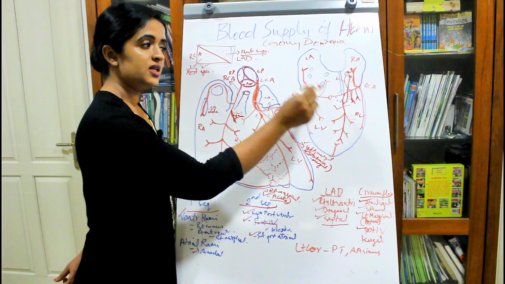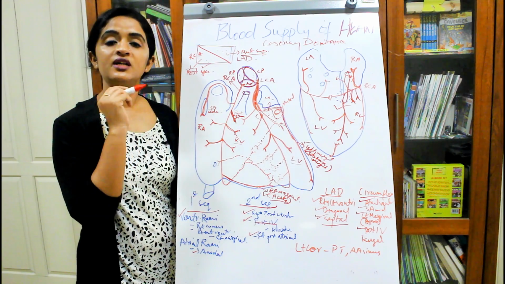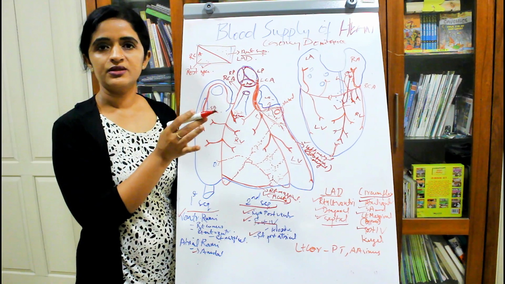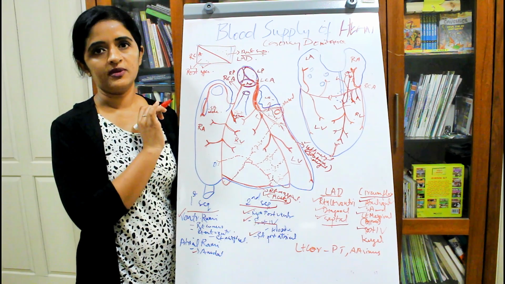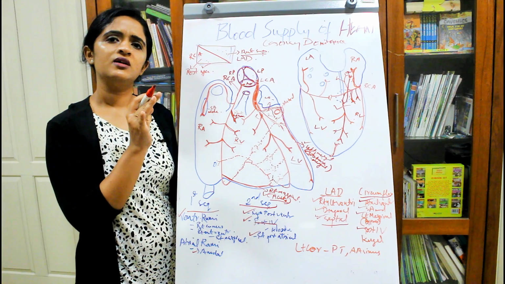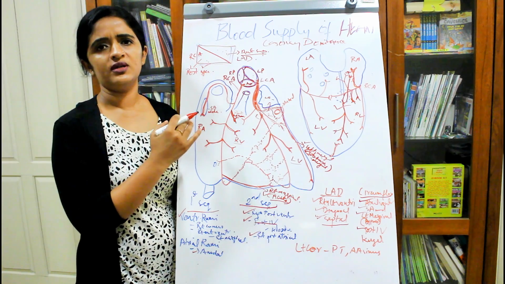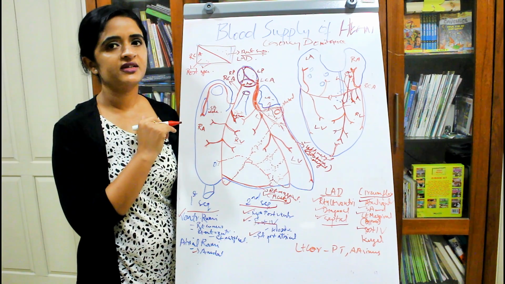Suppose this posterior interventricular branch is coming from the left coronary artery, what will you say? Then we say that that person is having left coronary dominance. Suppose imagine you have posterior interventricular branches coming from both coronaries, both right and left. What do you call that condition?